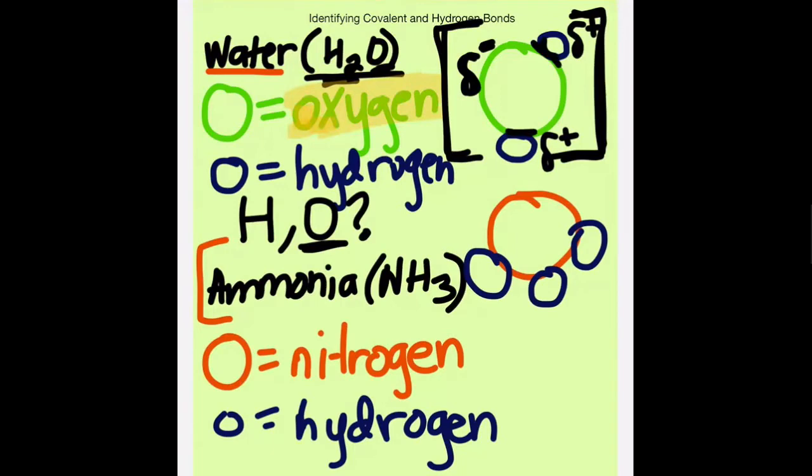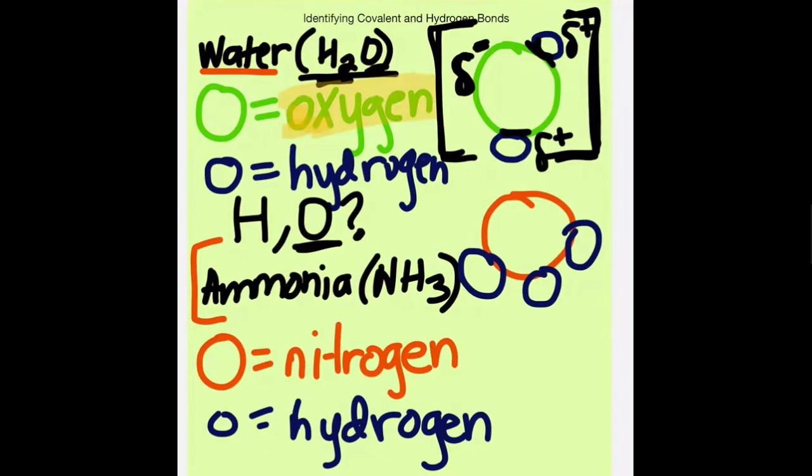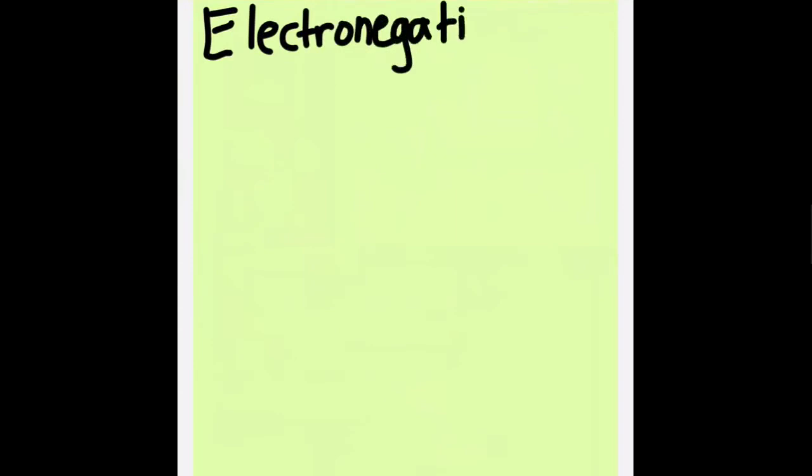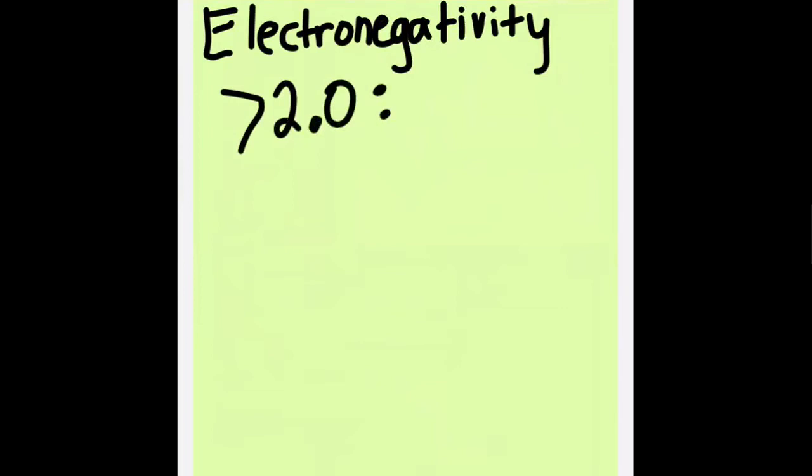So in general, the type of bond depends largely on the electronegativity difference between the atoms. So I'll write a new page. So electronegativity. If the electronegativity difference is greater than 2.0, then it's an ionic bond.